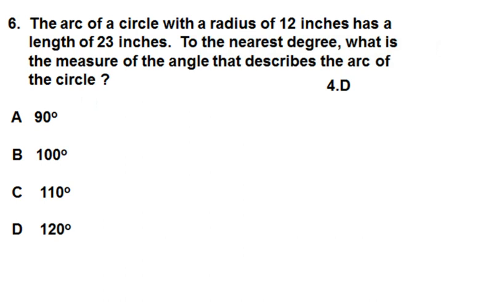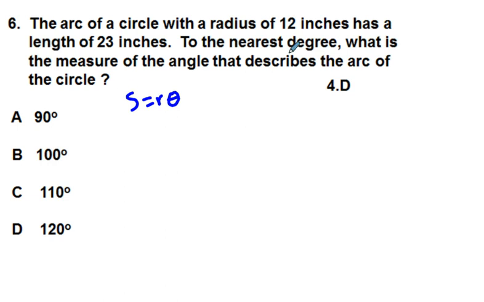Next, problem 6. The arc of a circle with a radius of 12 inches has a length of 23 inches. To the nearest degree, what is the measure of the angle that describes the arc of the circle? Well, the arc length formula is S equals R theta.